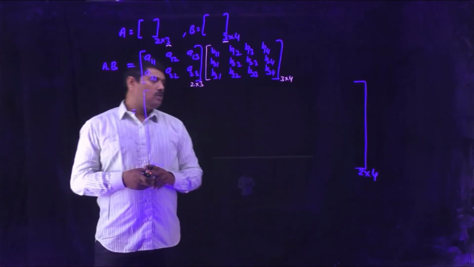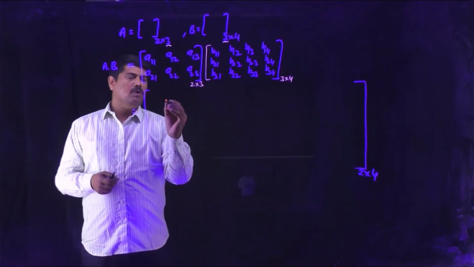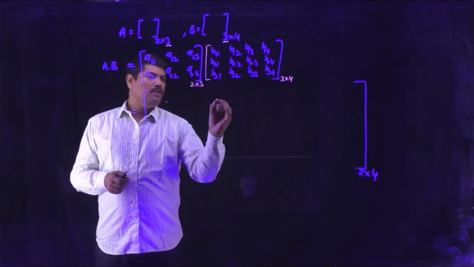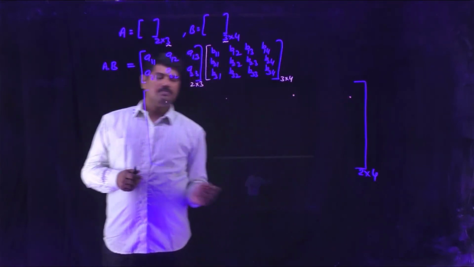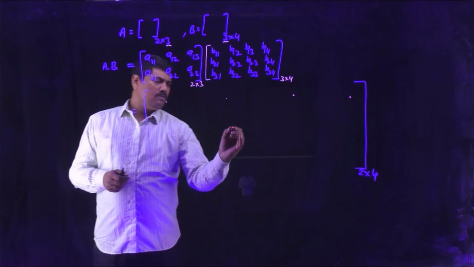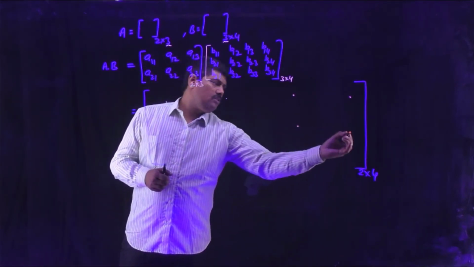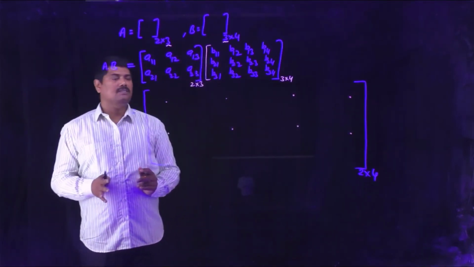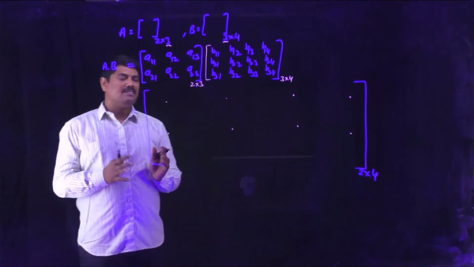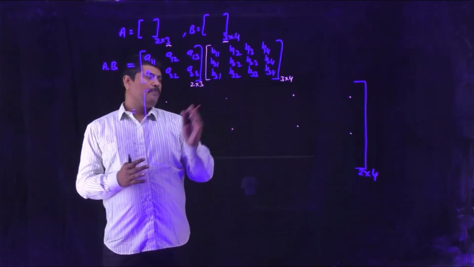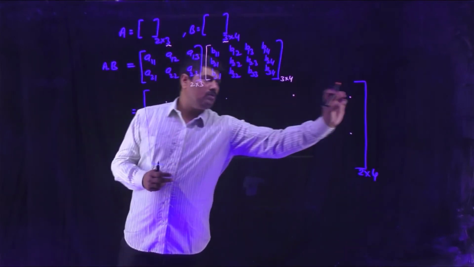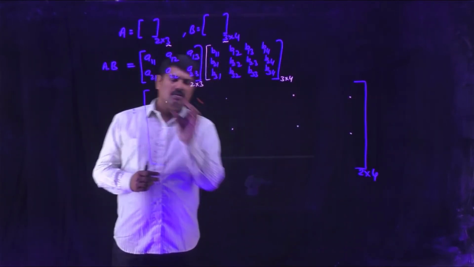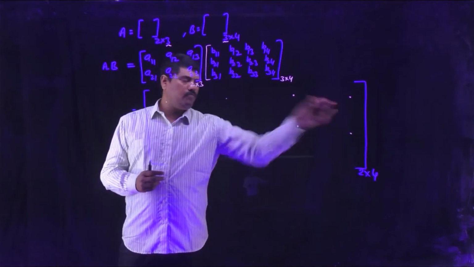So you have the 11 position, 12 position, 13 position and 14 position. 21, 22, 23, 24. These are the elements. A general 2 by 4 matrix is constructed like this: this is the first row, second row, first column, second column, third column, fourth column.